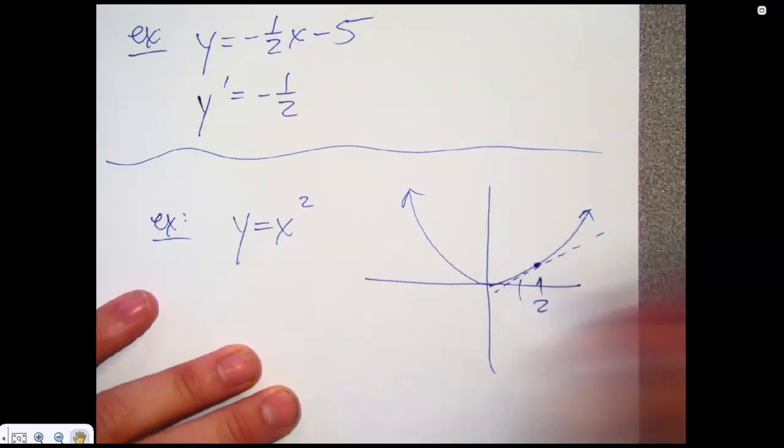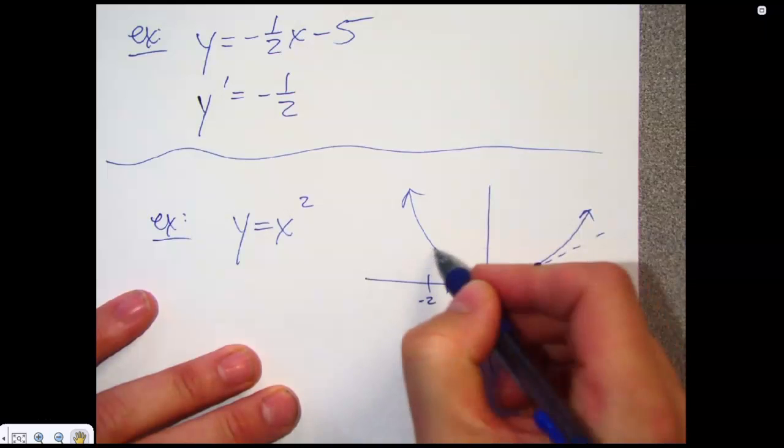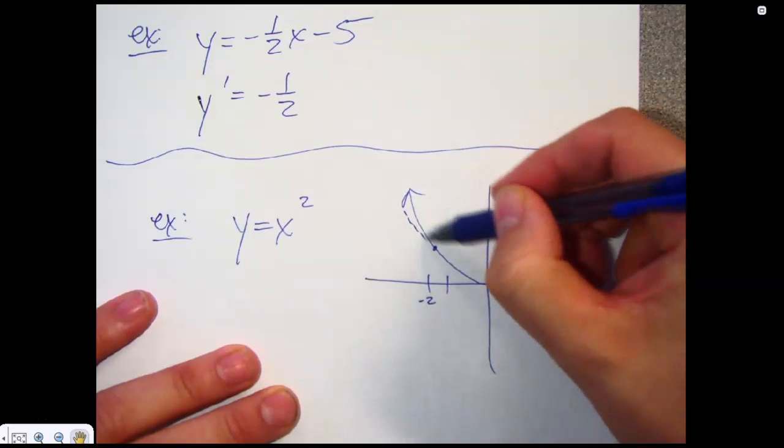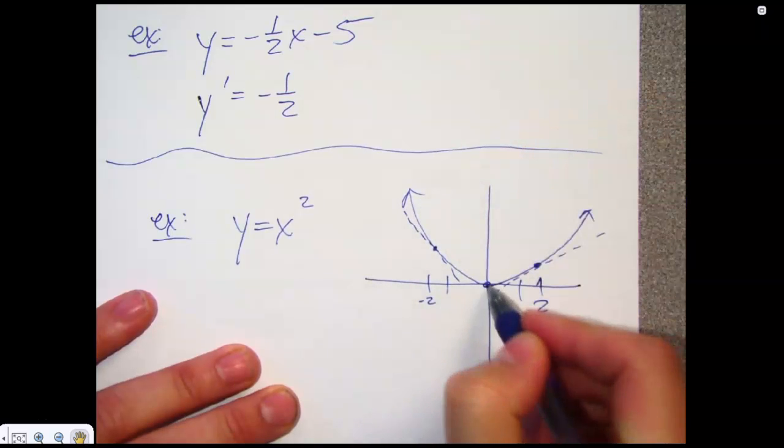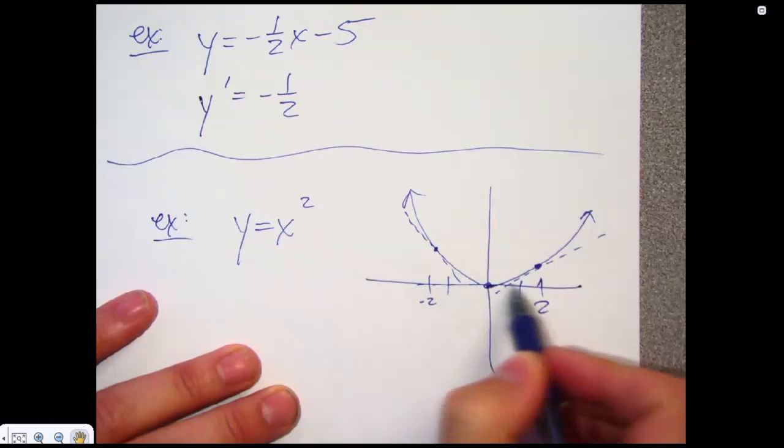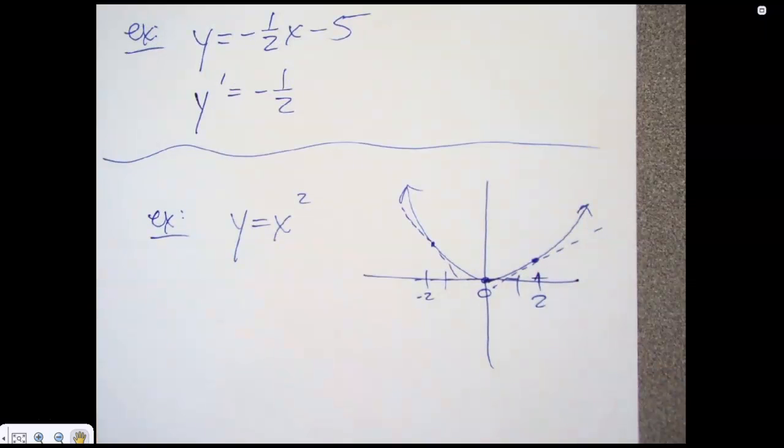It'll be positive. But if I'm at x equals negative 2, is my instantaneous slope positive or negative? Negative. If I'm at x equals 0, what's my slope? It'd be 0, wouldn't it? Because that's right where it turns around. So we have to find a way that would take all that into account.